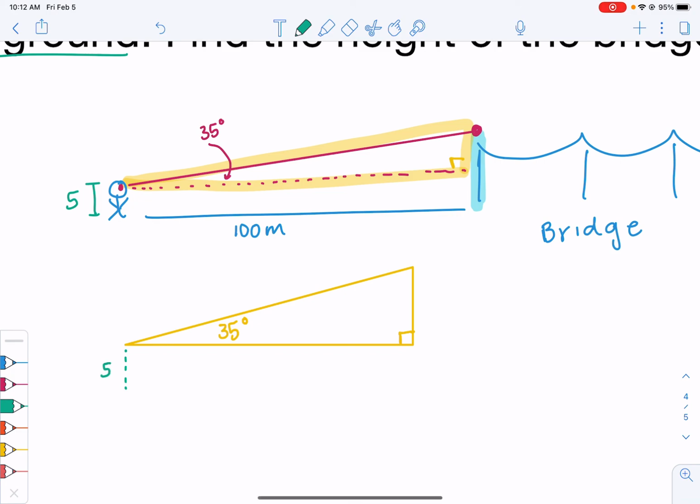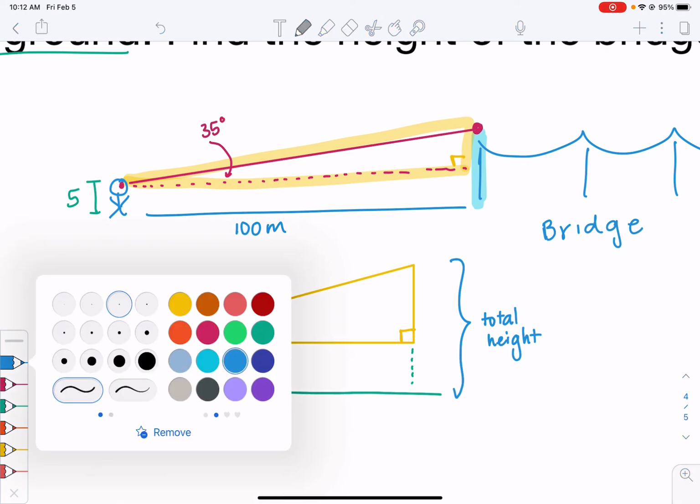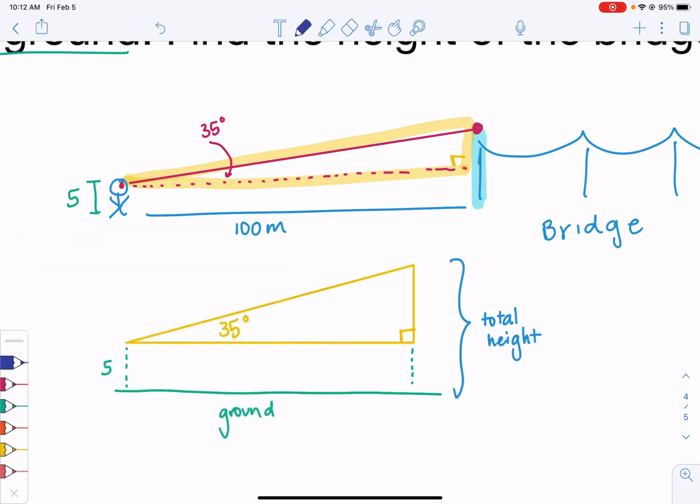It's floating above the ground. Here's the ground. It's 5 feet above the ground, and we want to know the total height. We know this is 100 meters from our diagram.